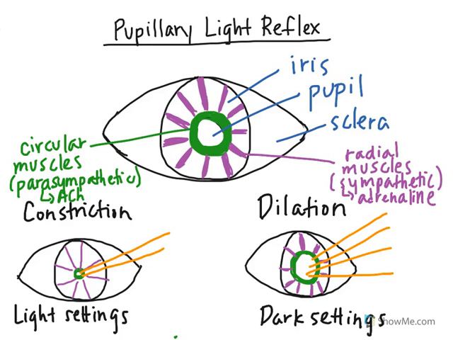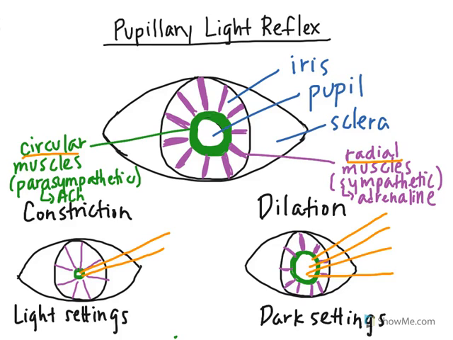The signal is processed, and motor signals causing contraction in either the circular muscles or radial muscles, depending on the level of light, are exiting the CNS to the periphery. And what did we say about exiting fibers? EE, exiting efferent. Got it?